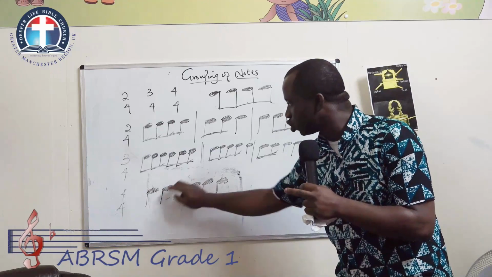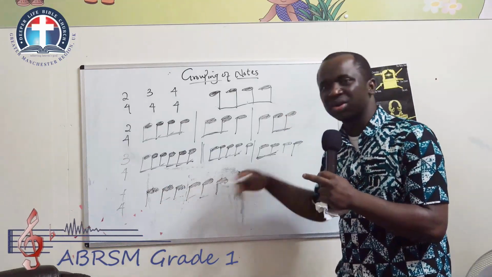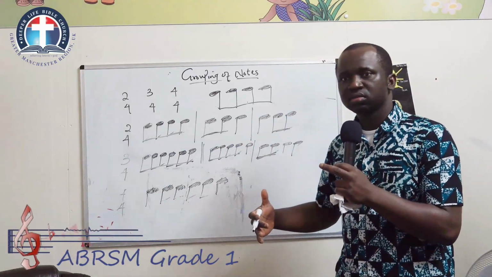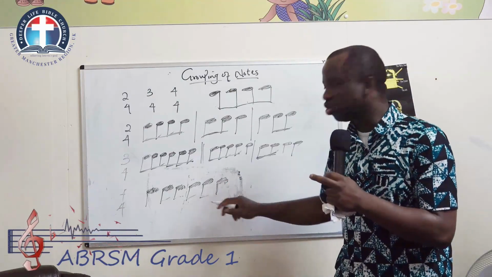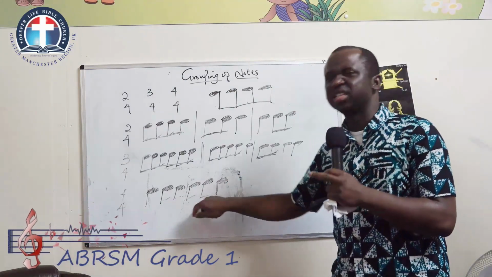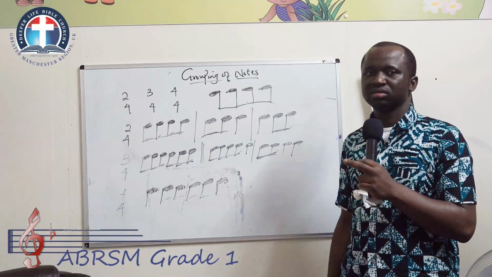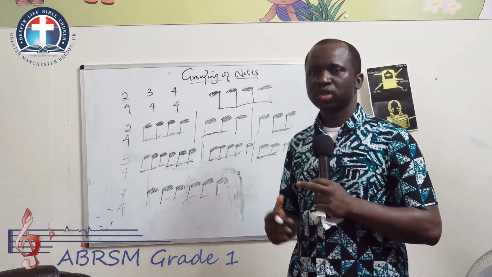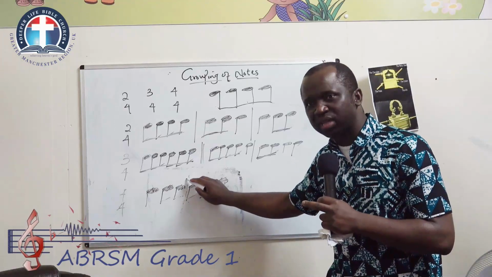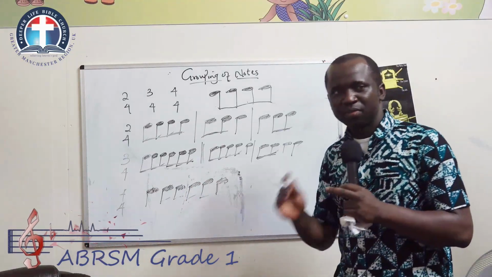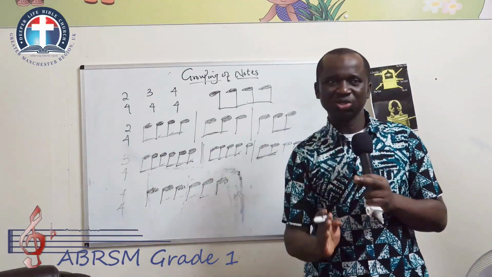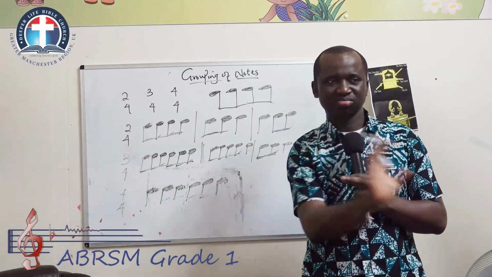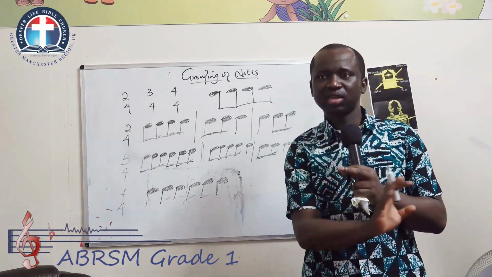Then this gives you 2. Then this third beat is another strong beat. And then this is a weak beat. So you can't join this weak beat leading to a strong beat. The strong beat has to start on its own footing. So that's why we put an imaginary barrier between the second and the third, so that they don't cross.